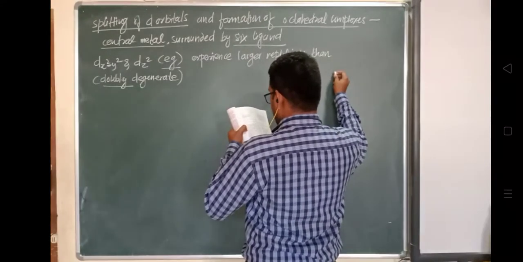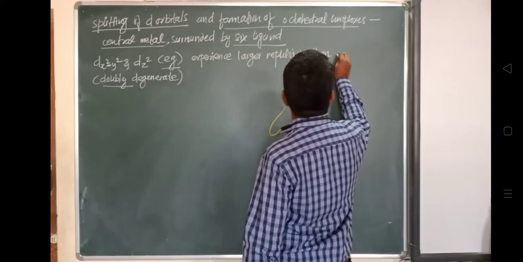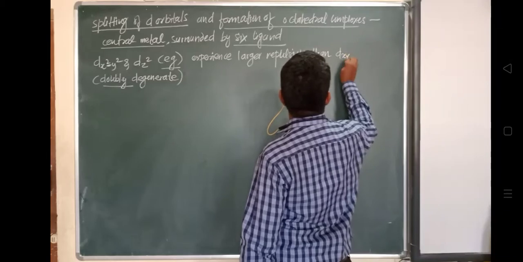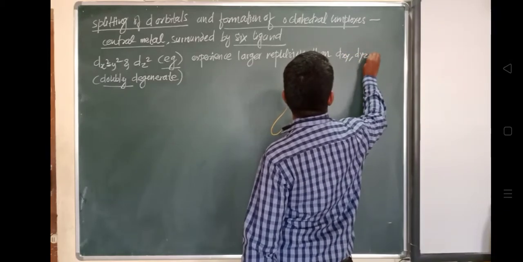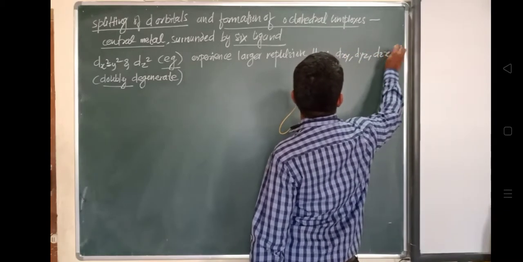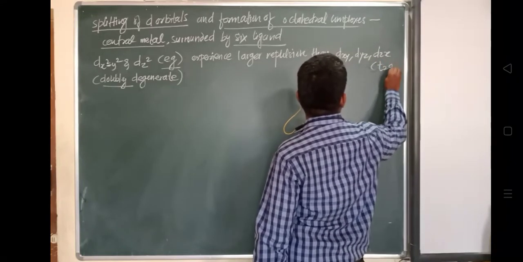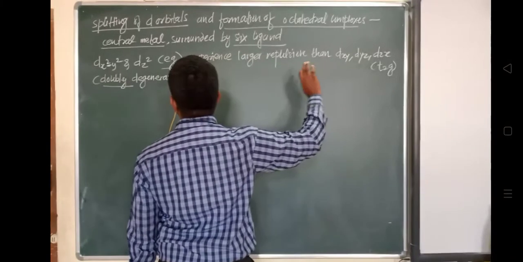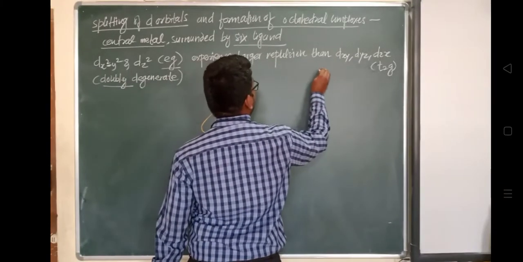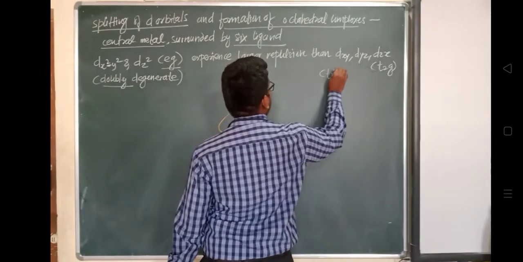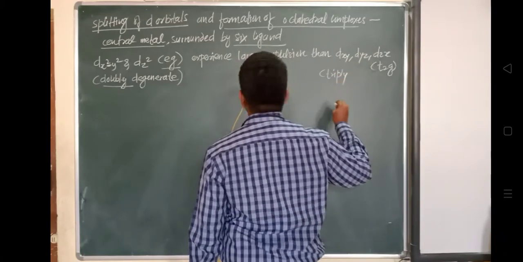What are these orbitals? dxy, dyz, and dzx. These orbitals are the t2g orbitals, and as these are three orbitals, this is called triply degenerate.